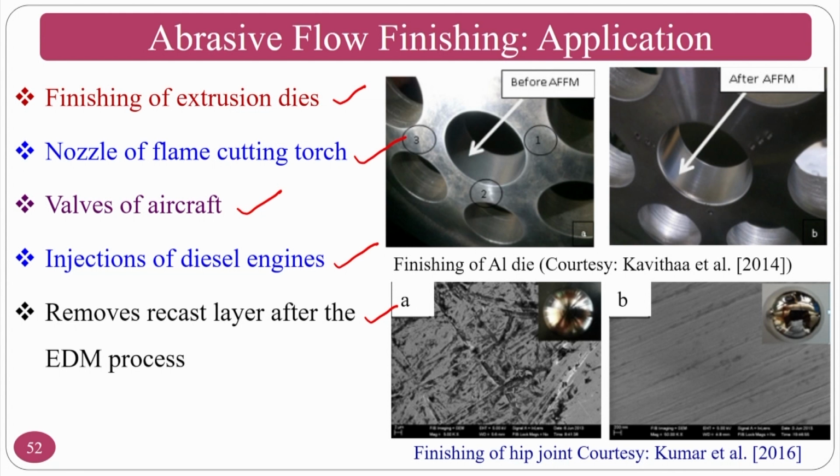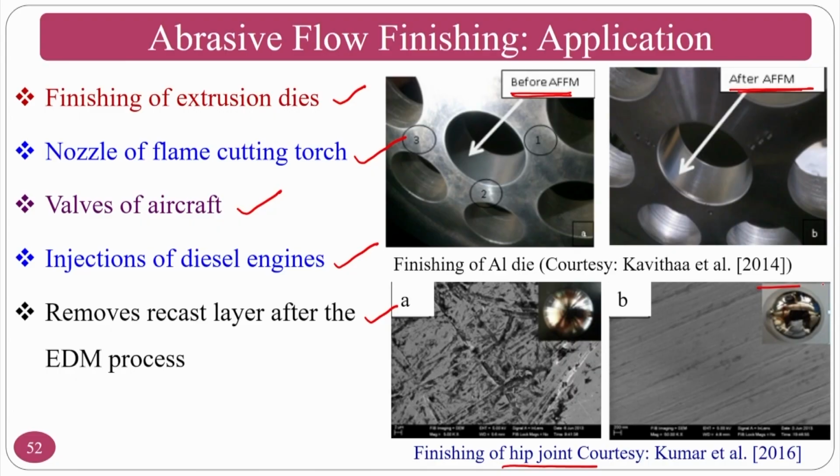Okay. So, in the die industries, you can clearly see the before and after abrasive flow finishing process. This is the hip joint top surface, the acetabular socket has to be in contact with this sphere. If the sphere is so rough, what will happen? Your acetabular head will be like this, your acetabular socket will be like this.